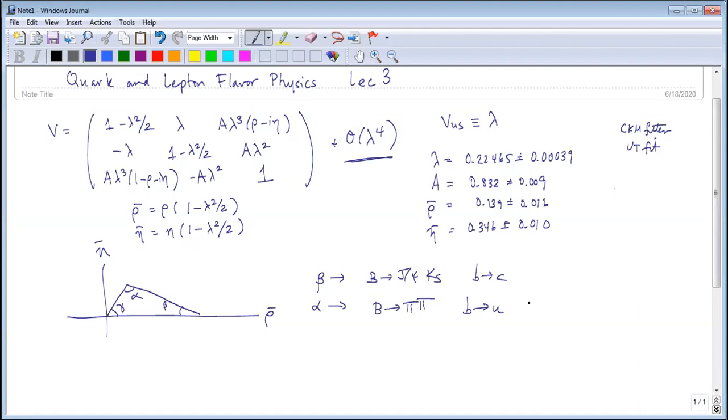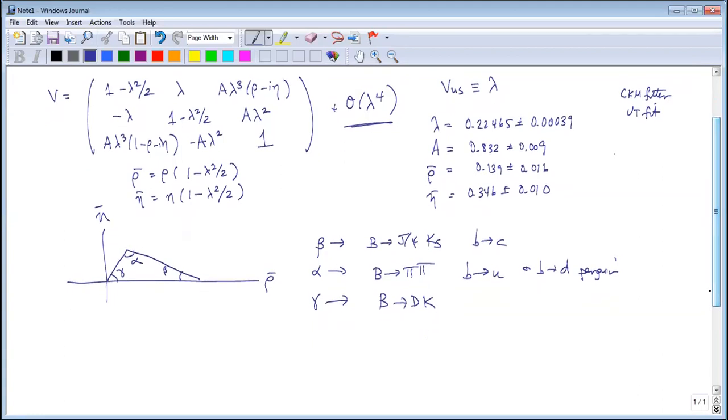Then there's also B to d, basically penguin diagrams, meaning the loop diagrams, that can come in, and they have similar suppression. What that means in practice is that the alpha angle is much harder to extract than the beta angle. Similarly, the gamma comes from B to DK types of decays and also has its own set of theoretical uncertainties in there.